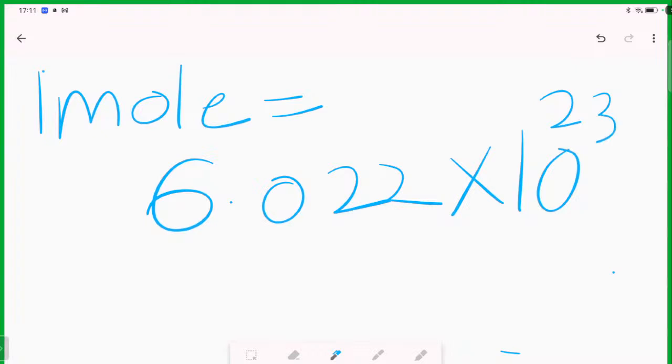This is also a number, and we call this number as Avogadro's number, represented by n. Okay, this is represented by n.